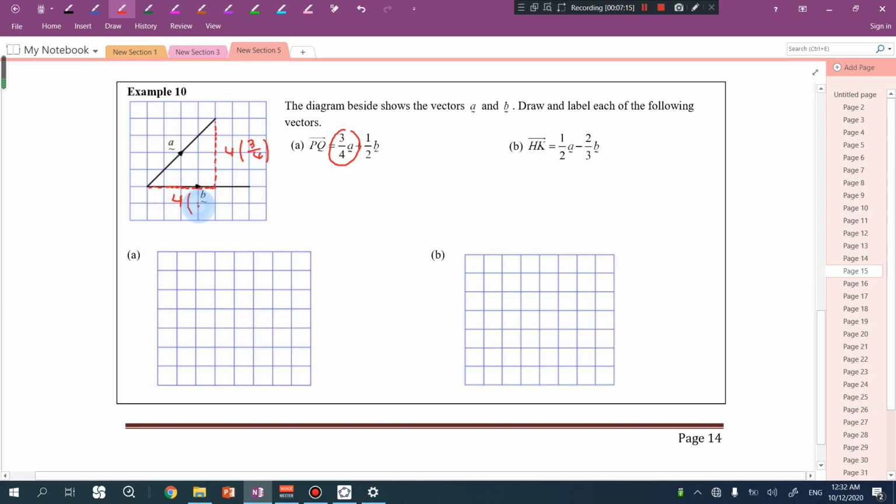Take this one times 3 over 4. Okay, so I will get 3, and here I will get 3 also. So it means that if I want to draw vectors 3 over 4a, then it will be 3 steps to the right, 3 steps up, then it will be here.